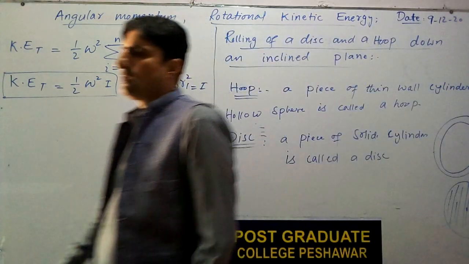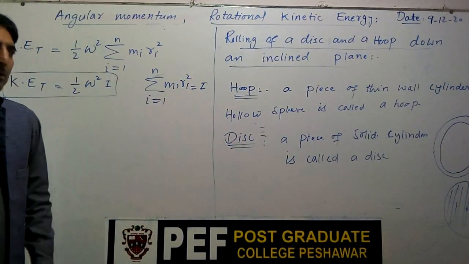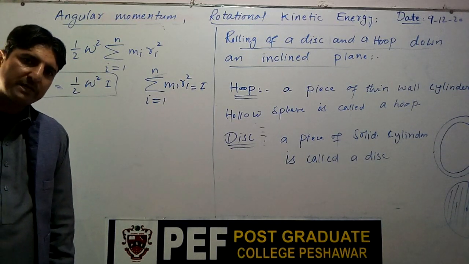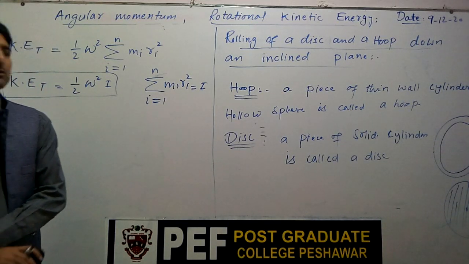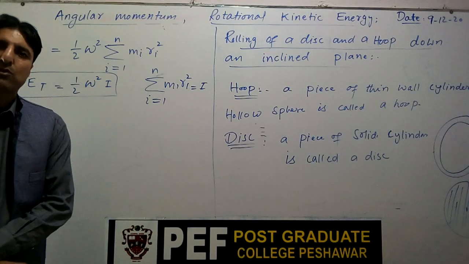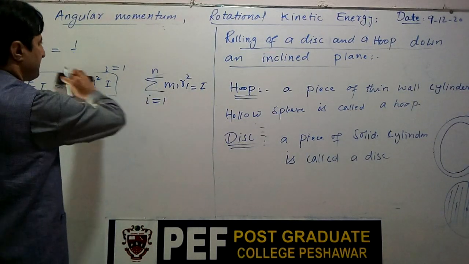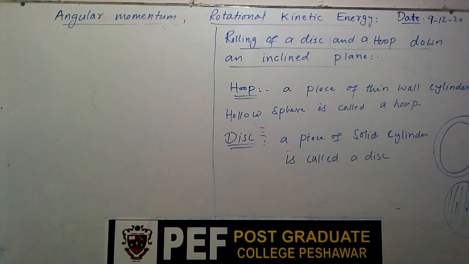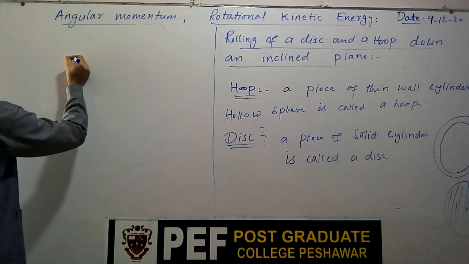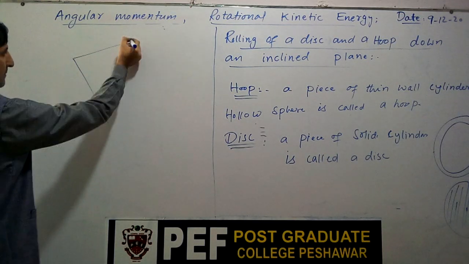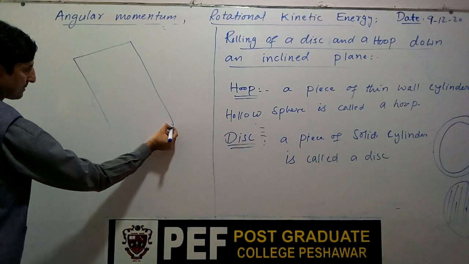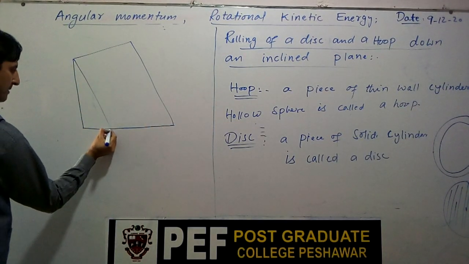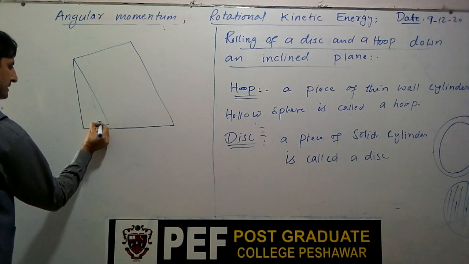Now, say suppose these two, the hoop and the disc, roll down an inclined plane. So which one of these two will reach the bottom first? Here in this diagram, we have an inclined plane like this. It makes an angle theta.